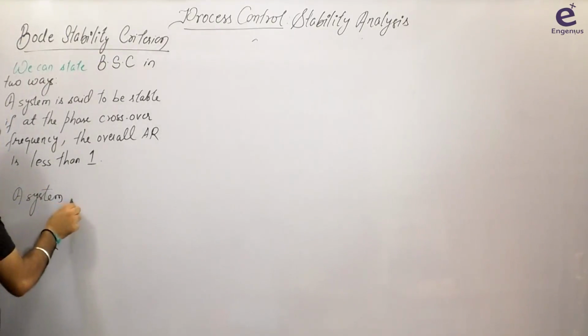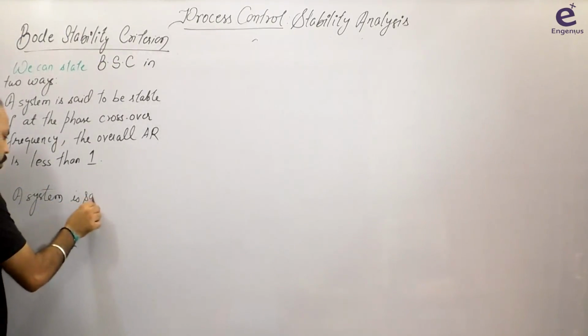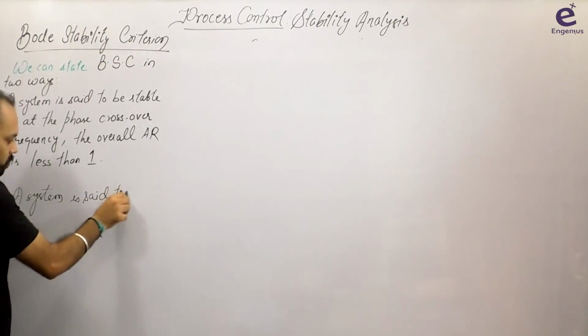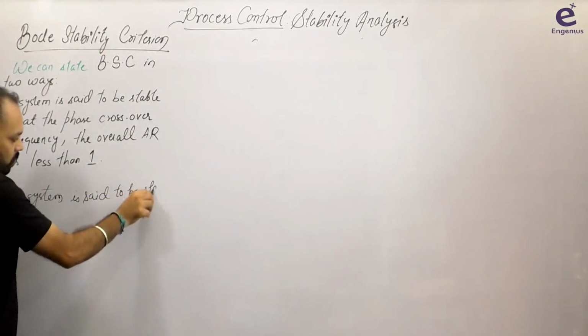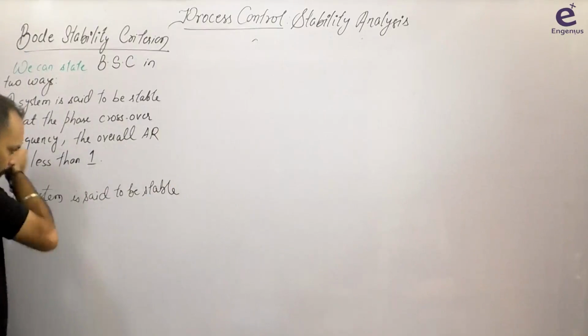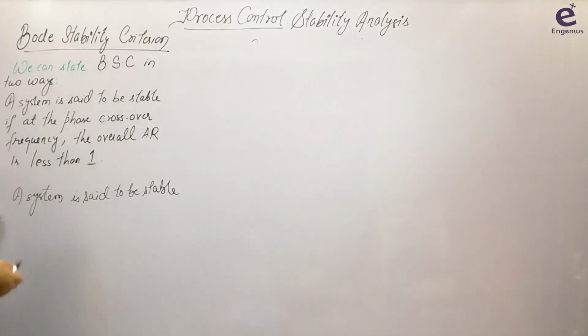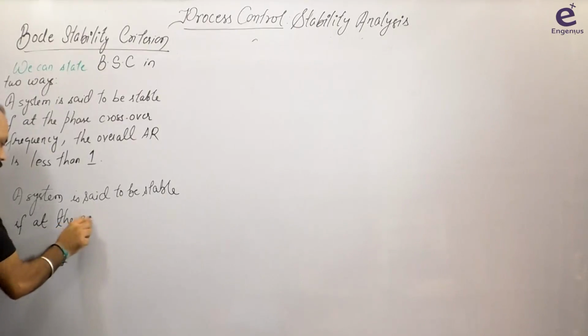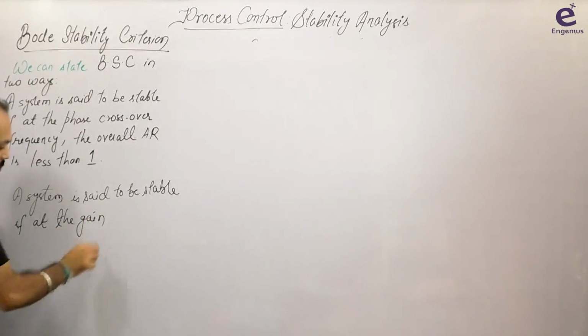A system is said to be stable if, the same thing, if at the gain crossover frequency, here I have changed the nature of the crossover frequency.